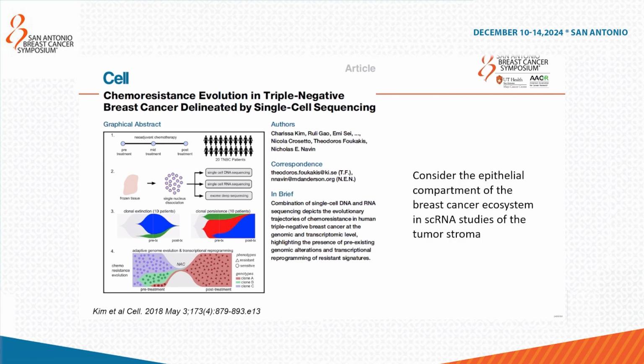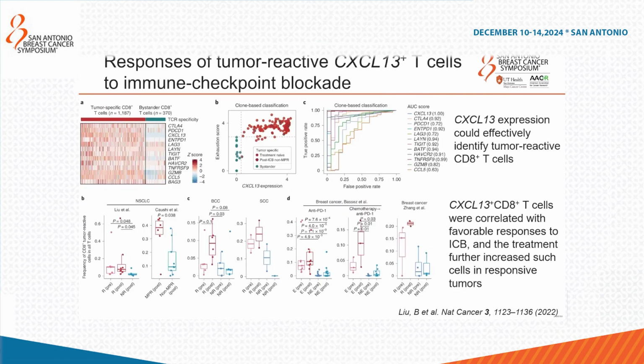This study was focused on the epithelial compartment of the tumor, and I think it's important to consider this in the current and the other studies, also separately, but also when relating to the stromal, the tumor stroma studies as shown here.